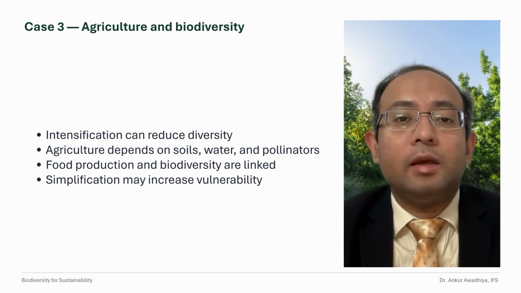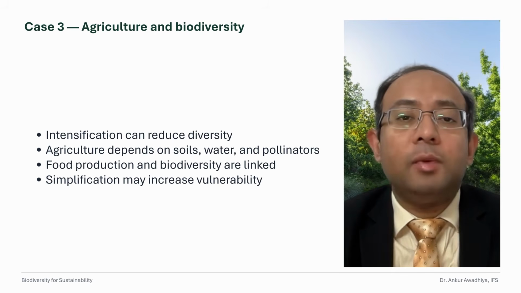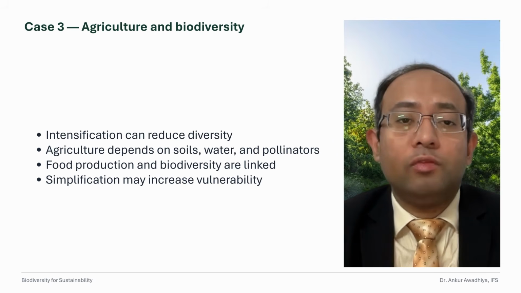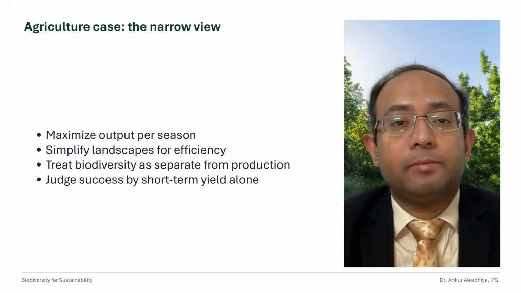Intensification can increase output in the short term, but if it simplifies the ecosystems too aggressively, it may reduce biodiversity and increase the vulnerability of the productive system itself. Agriculture is therefore one of the clearest cases for understanding both synergy and trade-off within sustainability.